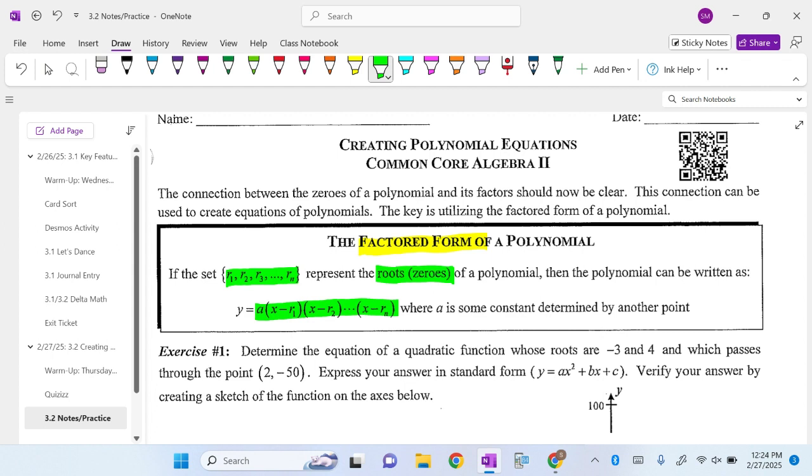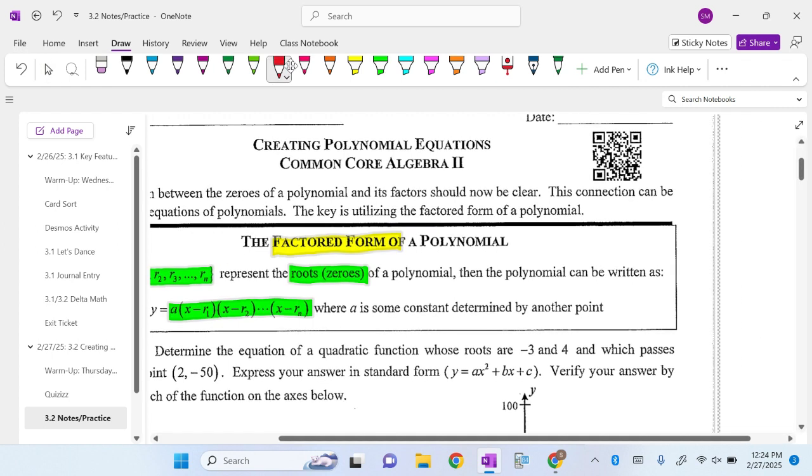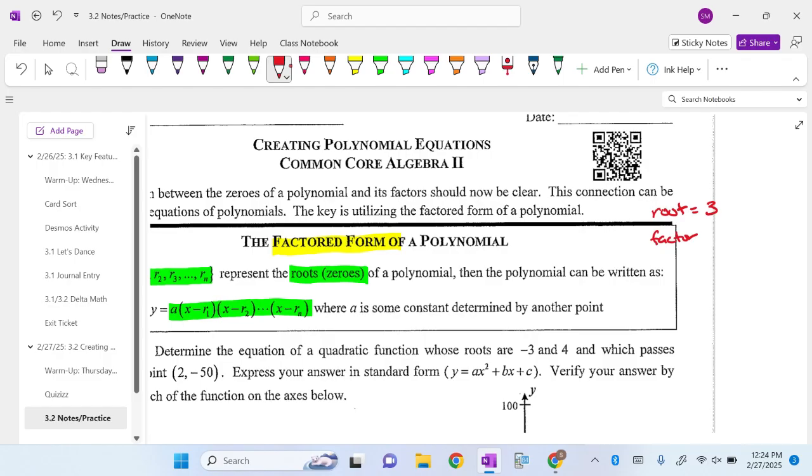For example, if your root is equal to positive 3, what's your factor? Remember, your factor will be what's in the bubble. What's your factor? X minus 3. So remember, you switch the sign, put it after an X.